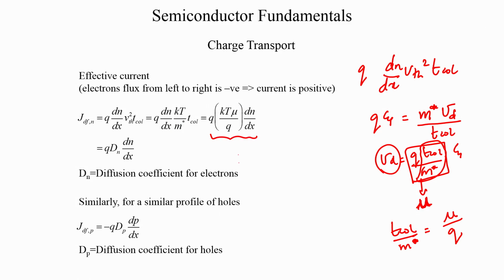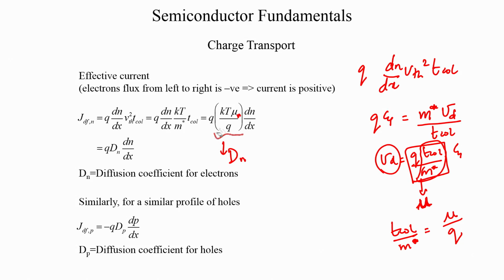In order to get this particular expression. Now, this term in the bracket has a very special significance, and it is called the diffusion coefficient, denoted by the capital letter D. Since we are talking about electrons here, this is the diffusion coefficient of electrons, which we will call Dn.